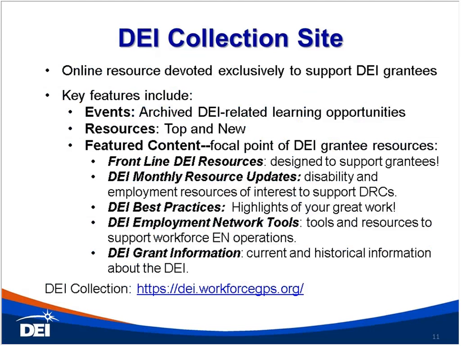I'm going to highlight some key features before we dive into the frontline DEI resources, which is where everything has been laid out to help grantees at both a state and a local level. Our key feature navigation highlights include information about the DEI that is current, general information. We have to update it every year because the DEI gets updated every year.